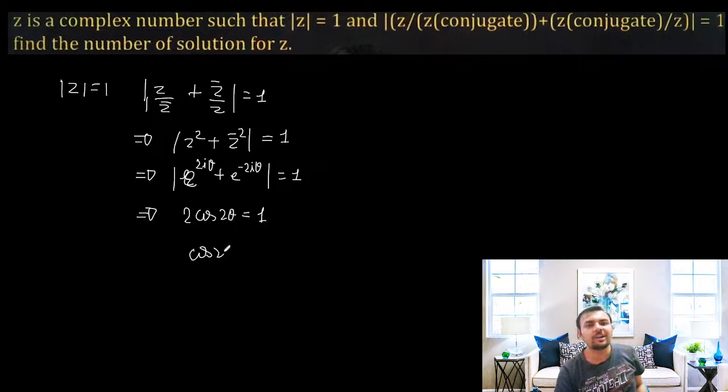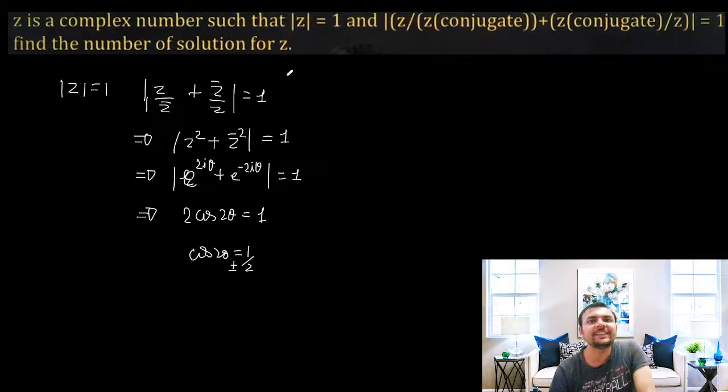So cos 2 theta equal to 1 by 2. So cos 2 theta can come out with plus minus.